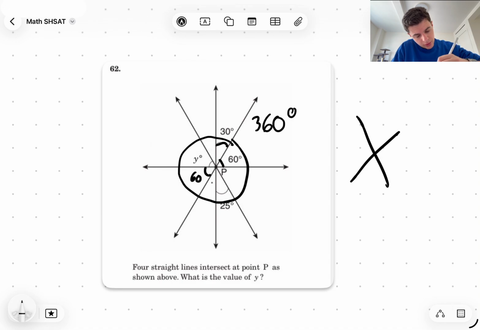If we know that this is 30, we know that this also has to be 30. If we know that this is 25, we know that this also has to be 25. And if we know that this is y, then we know p also has to be y.